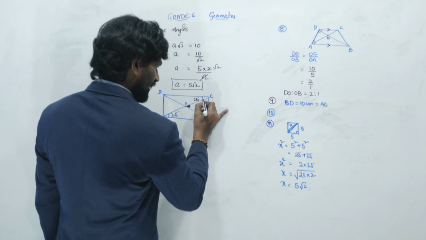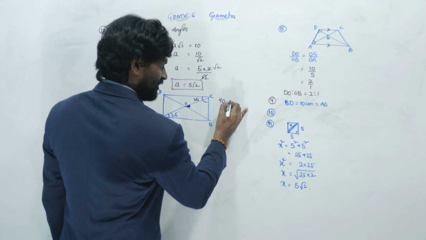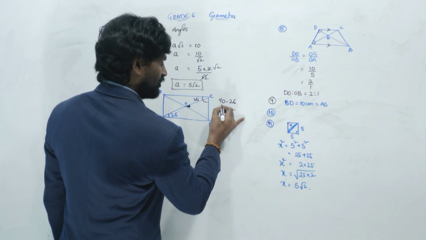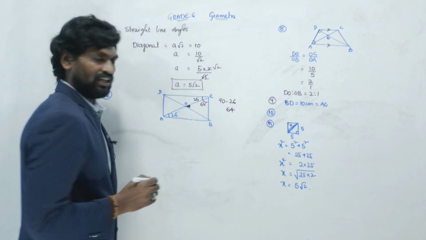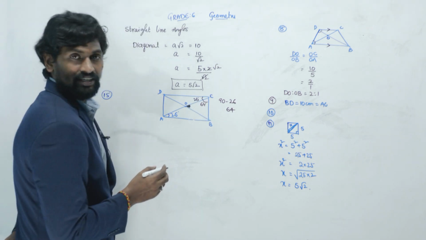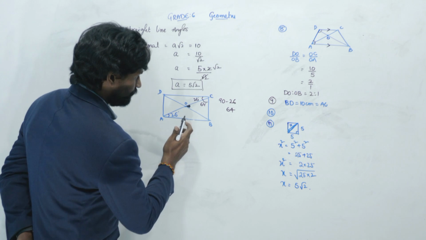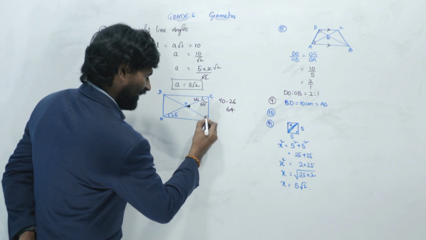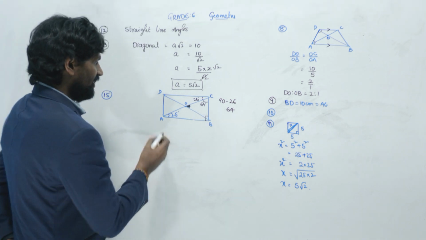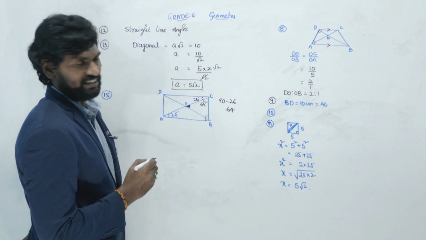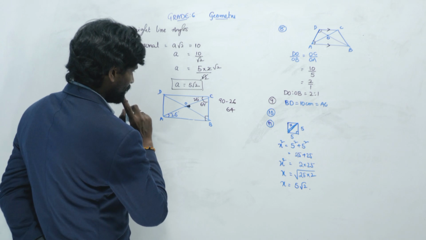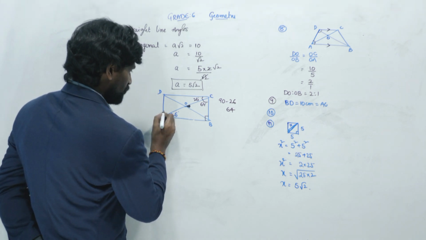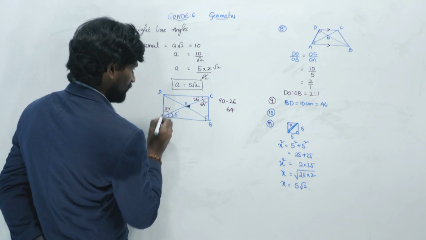Then what about this angle? 90 minus 26 is nothing but 64 degrees. Same way, this entire angle is 90 degrees. Here also the entire angle is 90 degrees. So this is also 64 degrees.